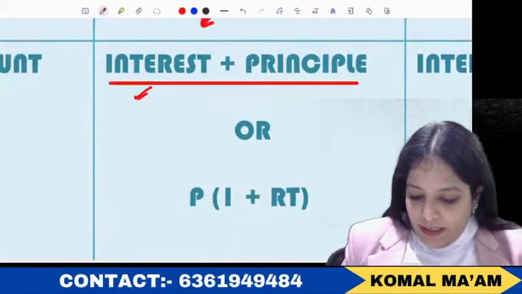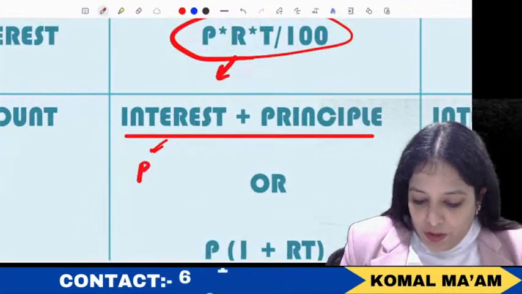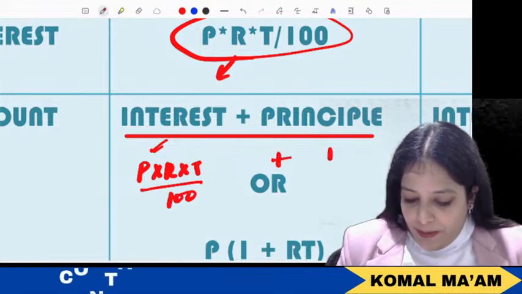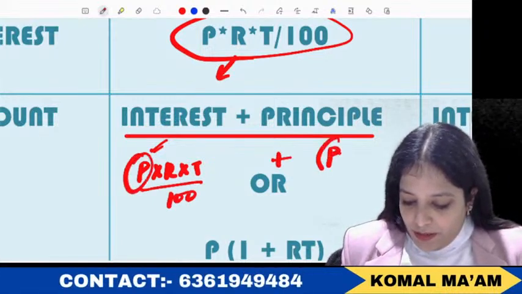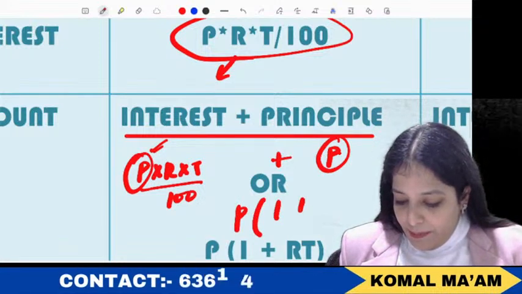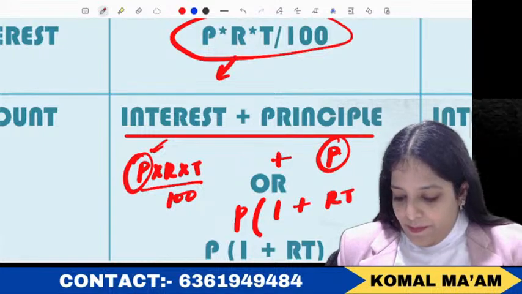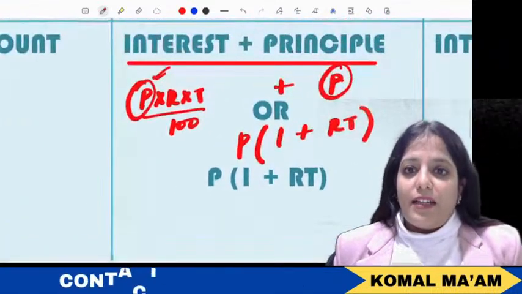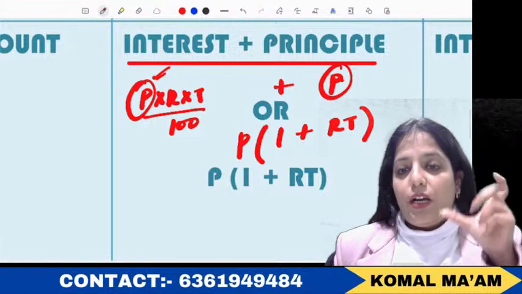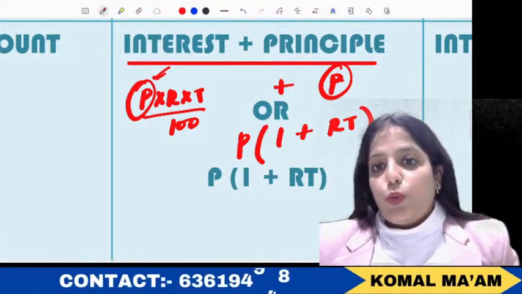What we did, instead of interest, I'll just put P into R into T upon 100 and here principal. Now this P and P is common, P taken outside, and the formula became 1 plus RT. Okay, 1 plus RT. All right. So am I clear? So that is how the formula of amount was derived.